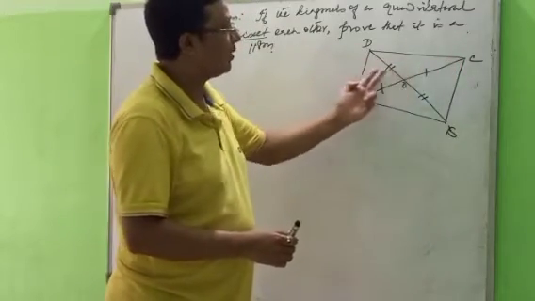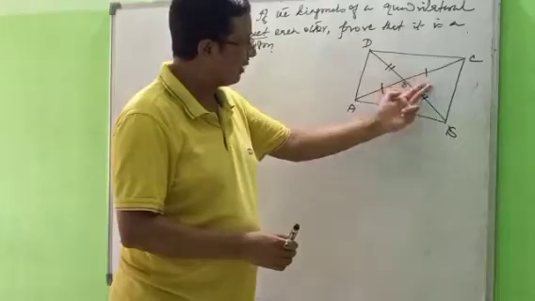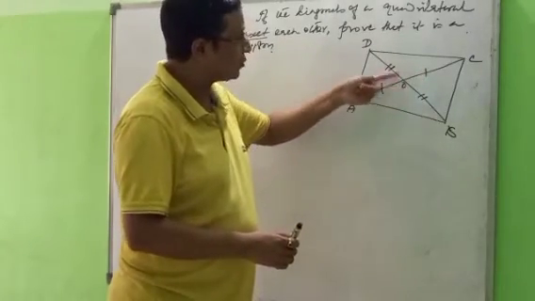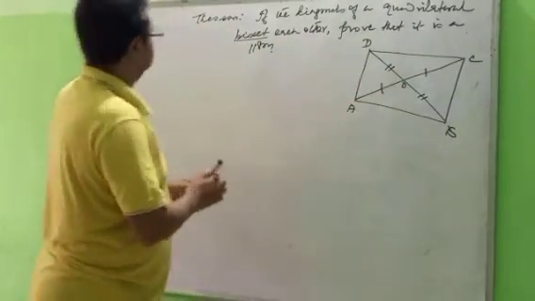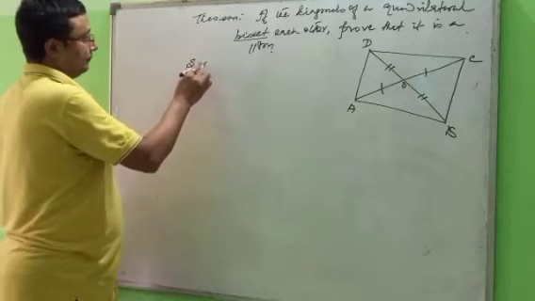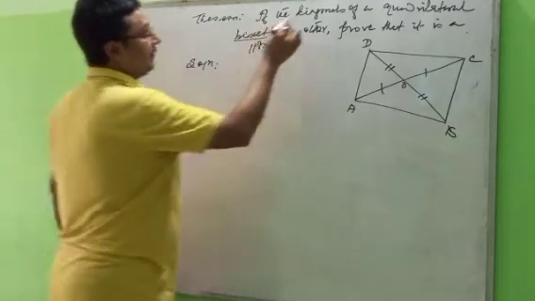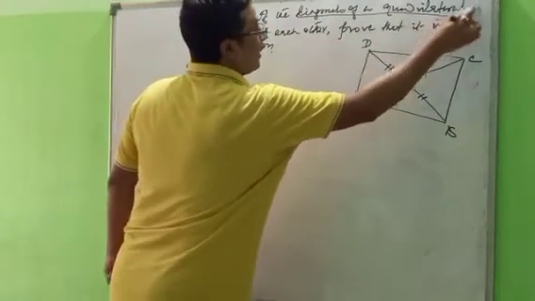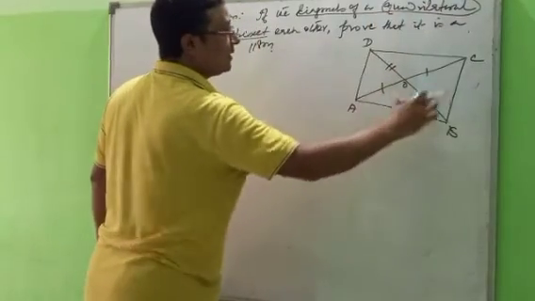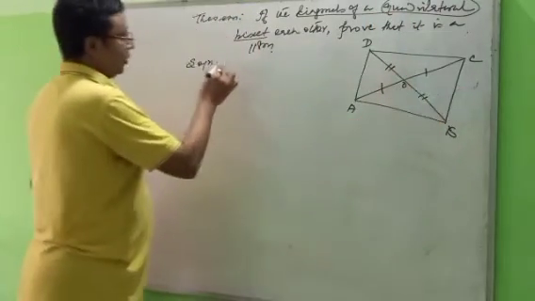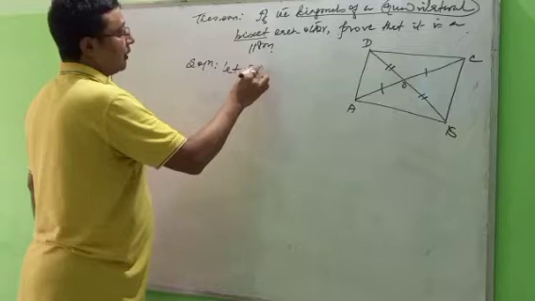Either you take one pair of opposite triangles. Let us take these two triangles. Now here they have given the diagonals of a quadrilateral, so this figure is a quadrilateral. So let ABCD be a quadrilateral.